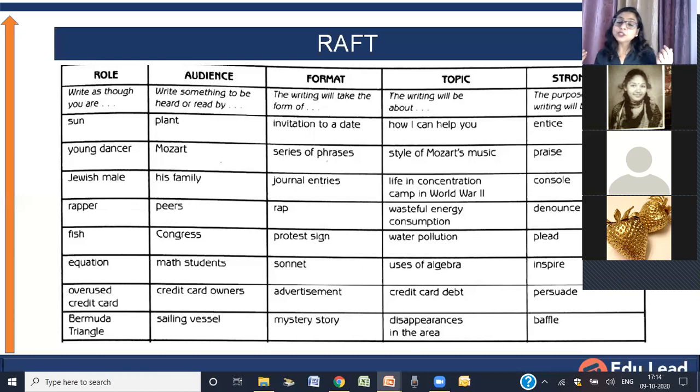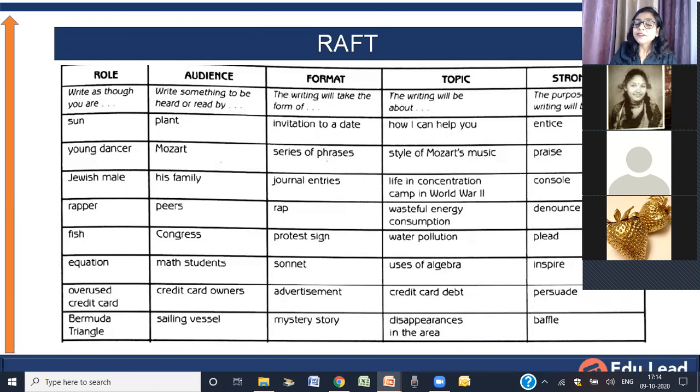You can let the students choose what they would like to write and what role to assume, and let the children attempt it. In the process of attempting, they will make their language better, and they will also understand the concept better. When they write about the concept, their concept clarity will be there, and the language is also enhanced. So it's an interdisciplinary activity which can be done.